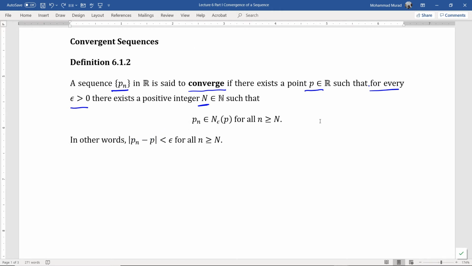In other words, the absolute value of p sub n minus p is smaller than epsilon for all index n greater or equal to N.